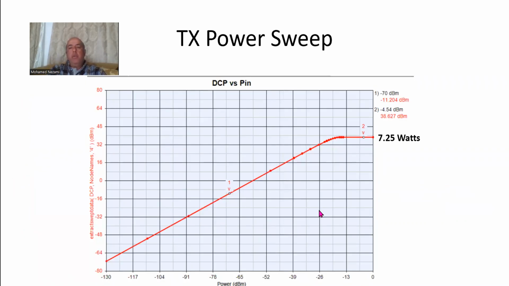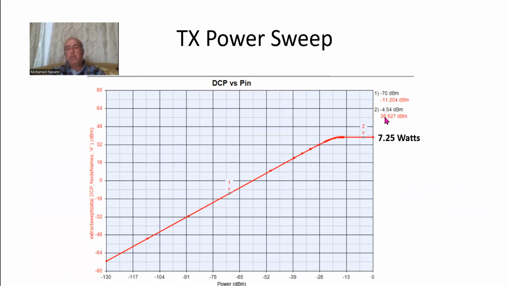Now, what I did is I swept the transmitter from the modulator to the antenna, and this is the curve that I got. Basically it saturates at 38.62 dBm. Okay, so it's a little bit above 7 watts, 7.25 watts.